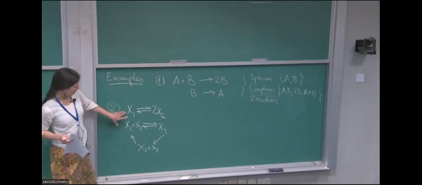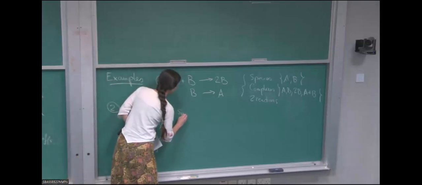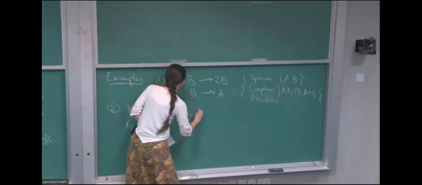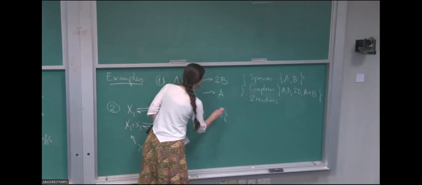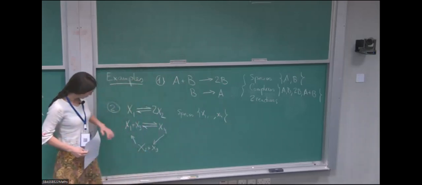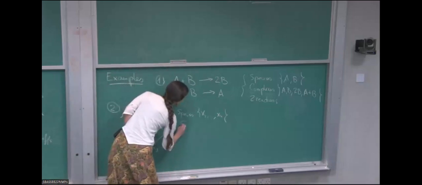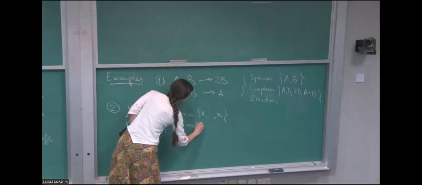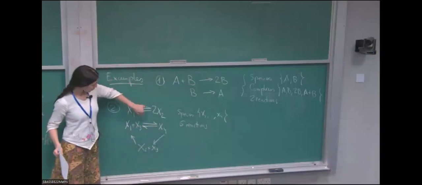So here I have 5 species, and I have 6 reactions that take place among them.